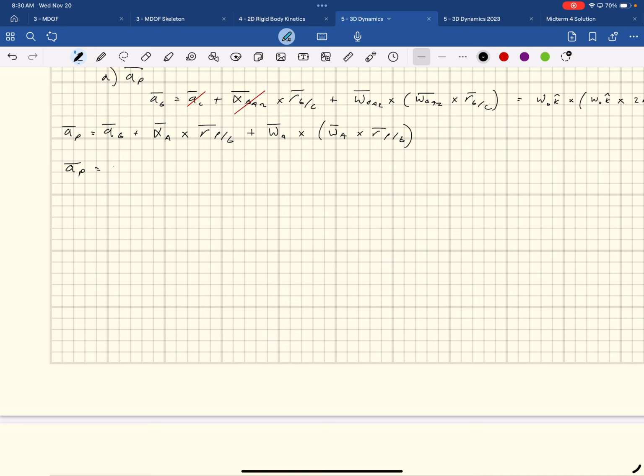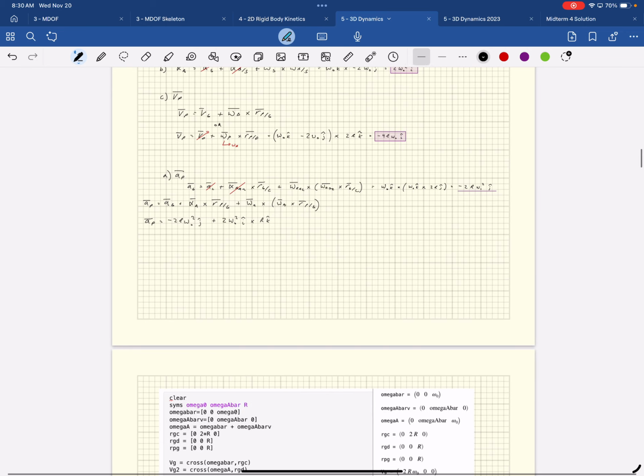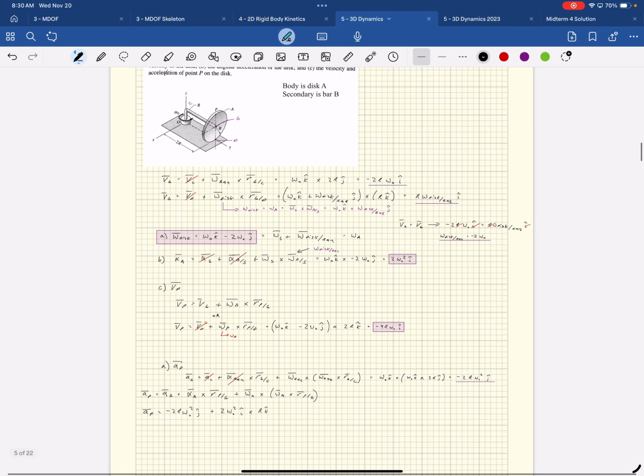AG, we just determined, was negative 2R omega naught squared in the J direction. And I add on to it the alpha A, which is 2 omega naught squared in the I direction, and I cross that with R, P is seen from G, which is R in the K direction. It's taking a step from here to here, which is R in the K direction.